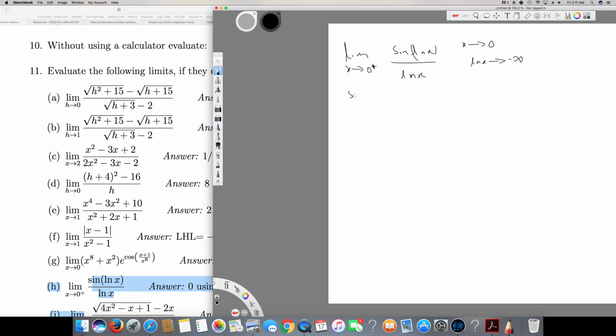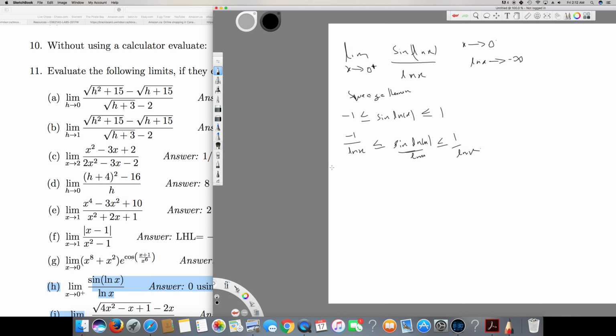So let's use the squeeze theorem. According to the squeeze theorem, whatever the value of sine is, it should be between negative 1 and 1. So negative 1 is less than or equal to sine of ln x, which is less than or equal to 1. Now let's divide everything by ln x, so we get sine of ln x over ln x, and 1 over ln x.